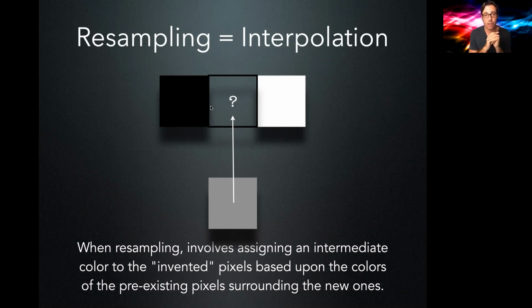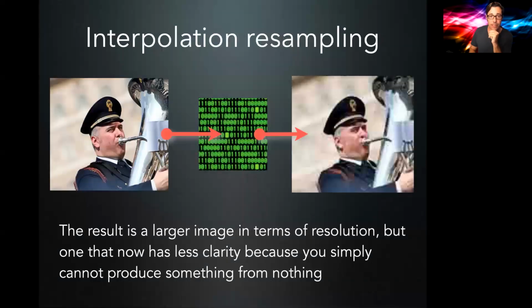How it does this is it makes a guess. If you have two pixels next to each other, it looks at this pixel and says, okay, well, this middle pixel must be a gray. And so it invents these pixels, and that doesn't always provide really good results.